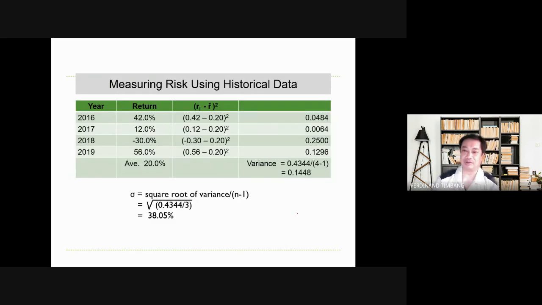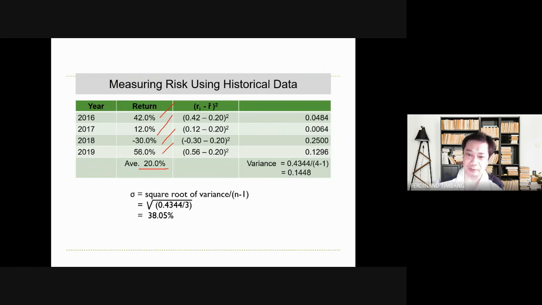Okay, measuring risk using the historical data. So let's say you have the years 2016, 17, 18, and 19, and the return is 42%, 12%, 20%, and 56%. So the average is 20%.